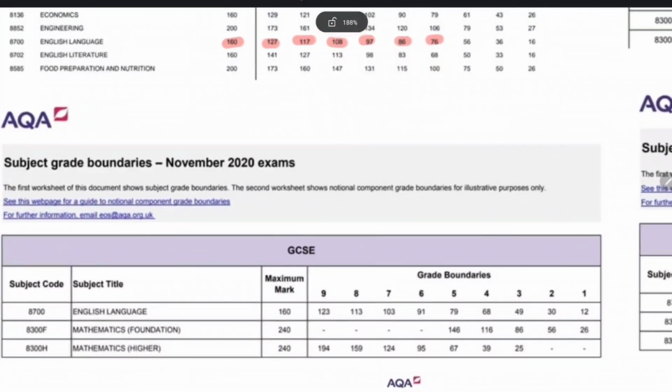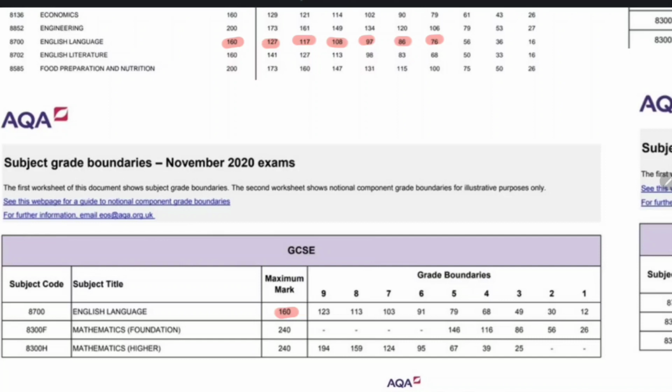So November 2020, this was during the COVID pandemic. So this is where some students did sit the exams. Often in November, it's the resit period where a lot of students who failed resit, but also private candidates.